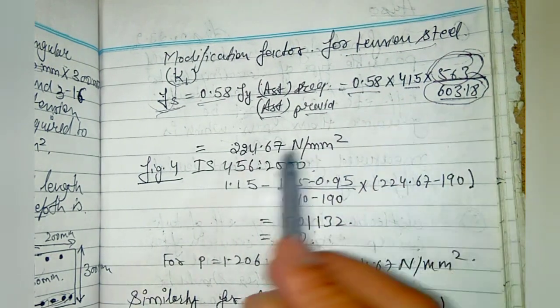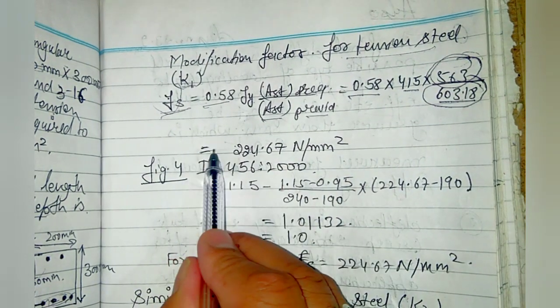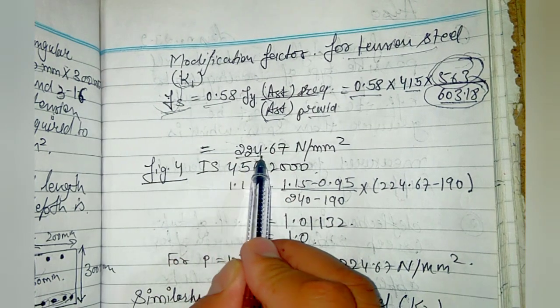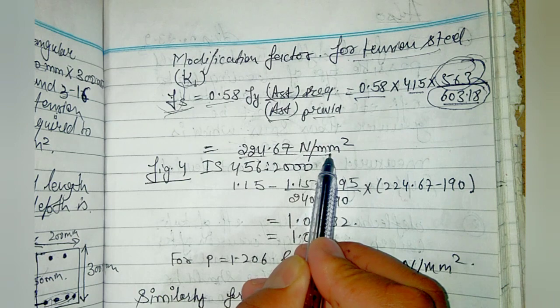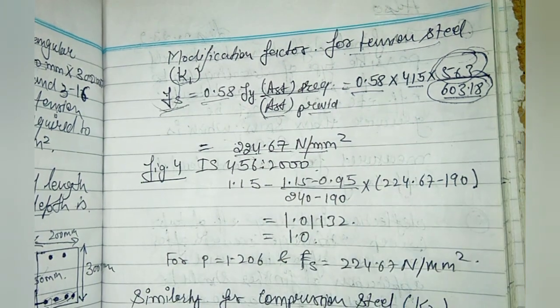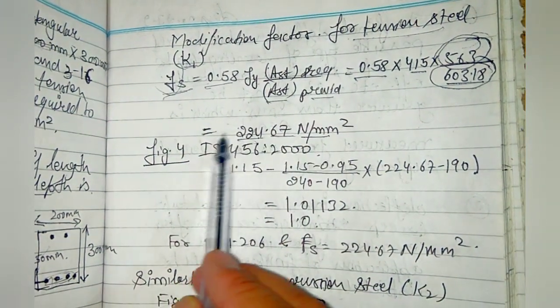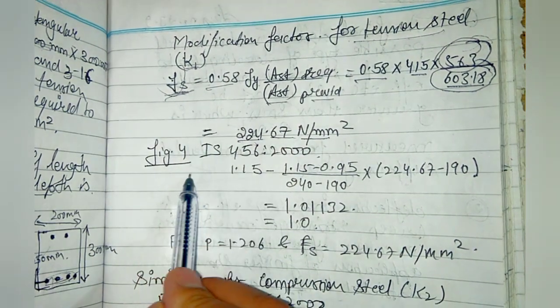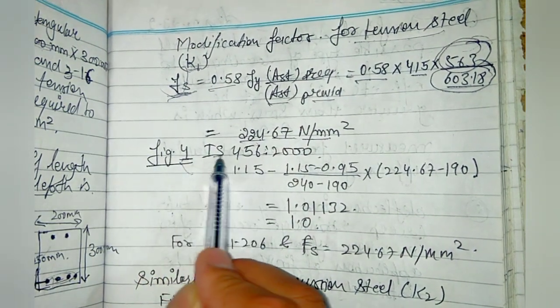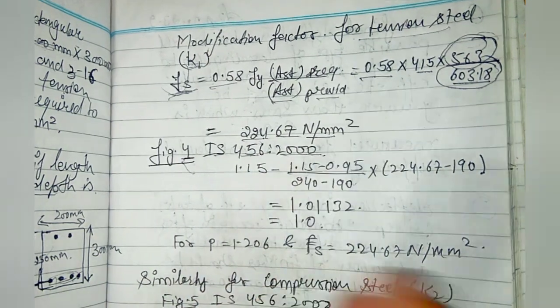Now we'll calculate the value of Fs. Fs is coming out to be 224.67 Newton per mm square. Now you can check the value for this Fs by using Figure number 4 of Indian Standard 456-2000.